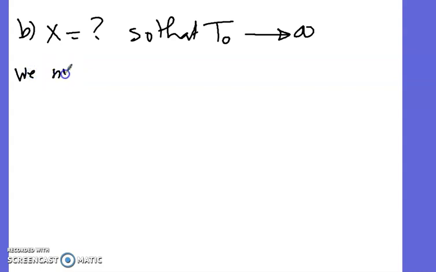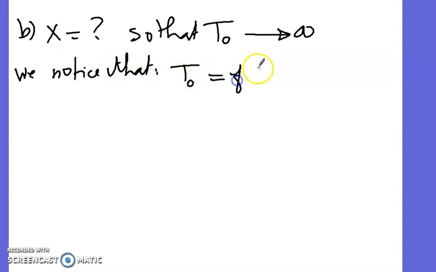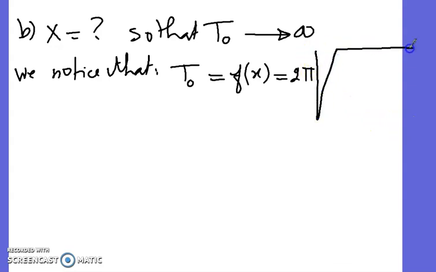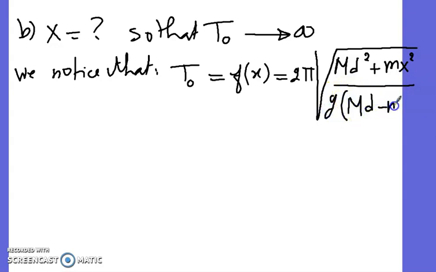We notice that this proper or natural period is, as I said before, a function of x, which has the form 2 pi radical of m d squared plus m x squared over g, which is a constant, into m d minus m x.